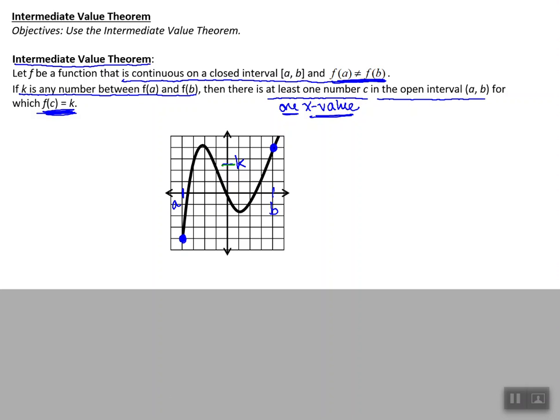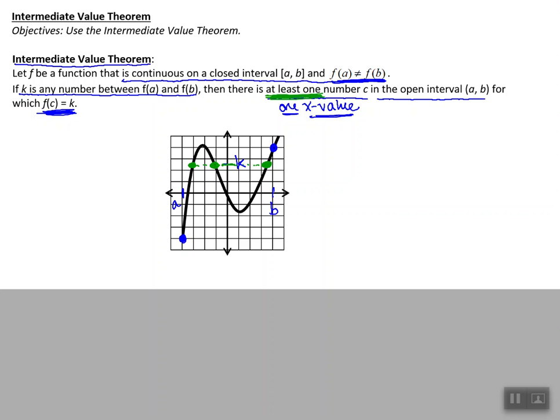Notice in this picture where that y value k is, the function reaches that k value at 3 different places. Our intermediate value theorem guarantees that there has to be at least one place where an intermediate value is hit.